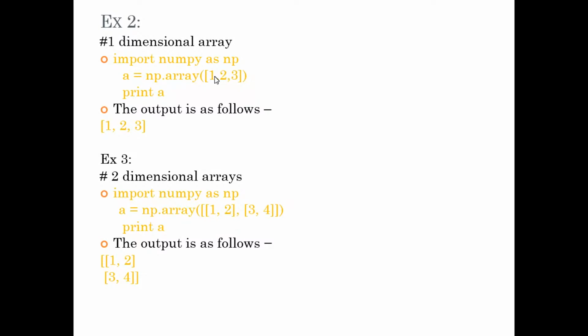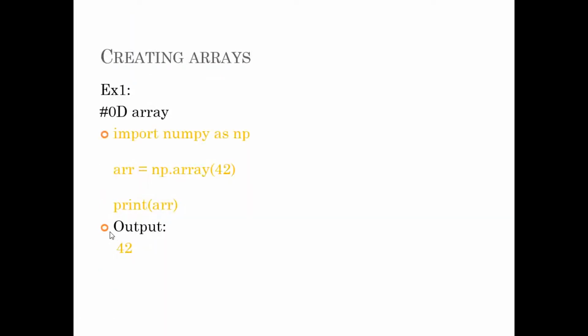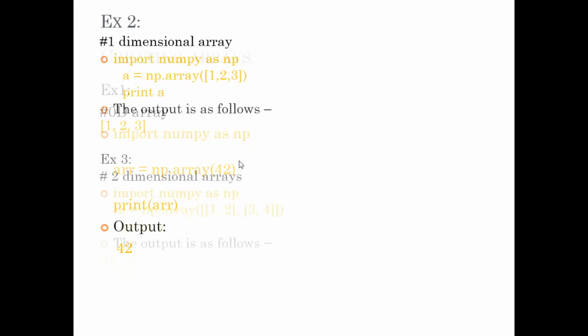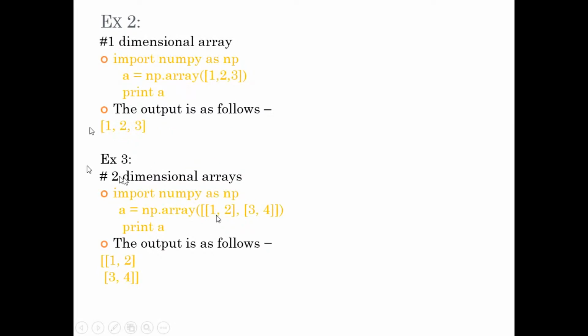Understand? Earlier, for a zero dimensional array, I don't have any square bracket added. Now, if you look at a two-dimensional array, you have two square brackets groups: open 1, 2 closed, comma, one more open 3, 4 closed.